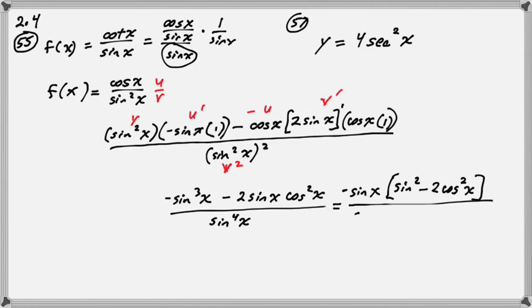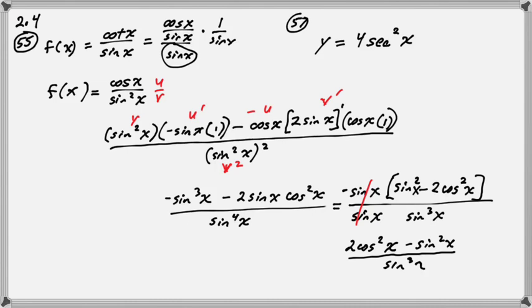And sine to the fourth could be written as sine times sine to the third. These could cancel, giving me, apply the negative on the top to reverse the subtraction perhaps, and you'd get 2 cosine squared of x minus sine squared of x, all over sine cubed of x.